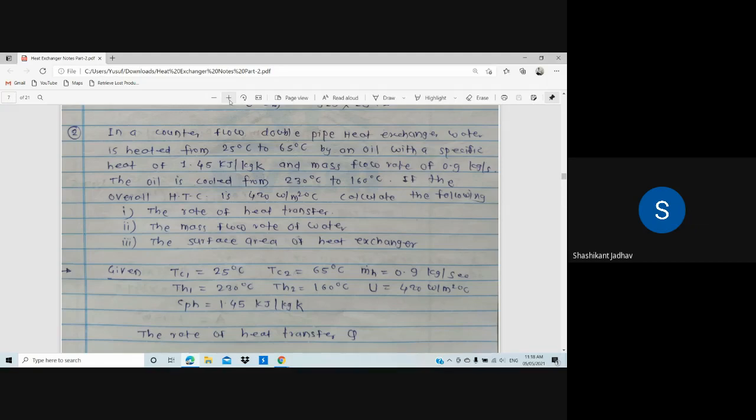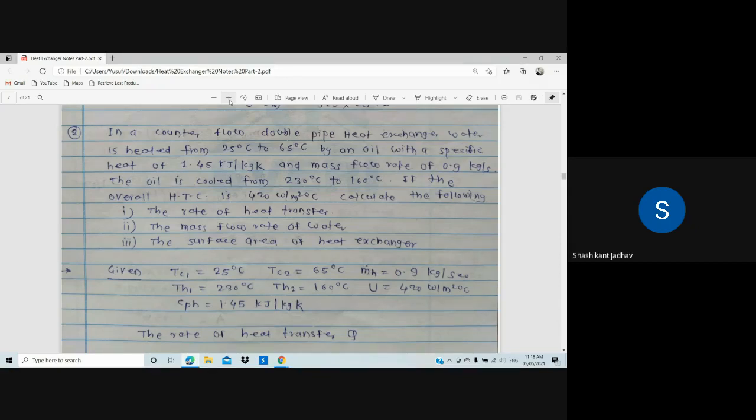So see what is given: in a counter flow double pipe heat exchanger, means here they have given the counter flow heat exchanger. So we have to remember the graphical representation for the counter flow heat exchanger. Okay, meaning here what will happen, the hot fluid will move from left to right, but the cold fluid will move from right to left. Okay, so according to that we have to draw the diagram.